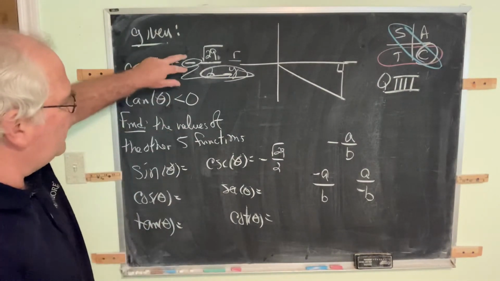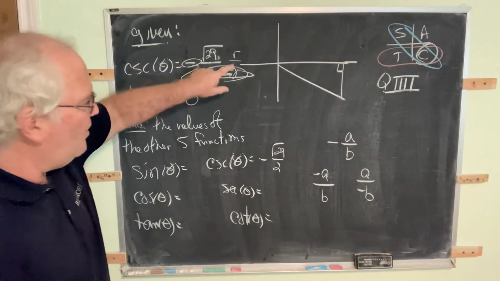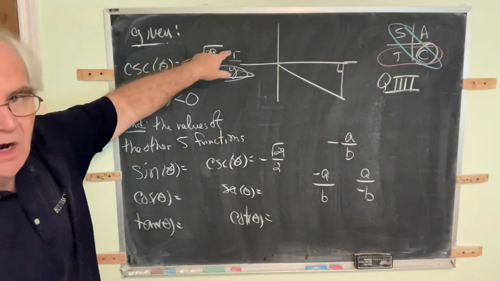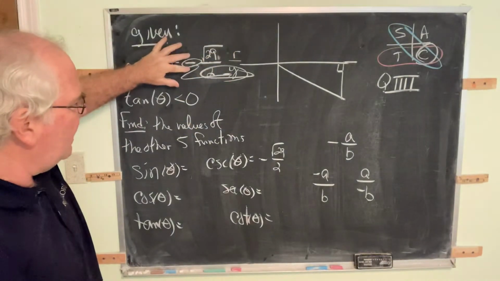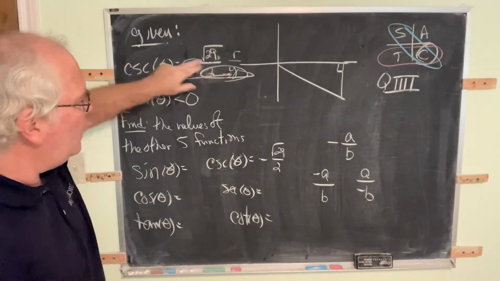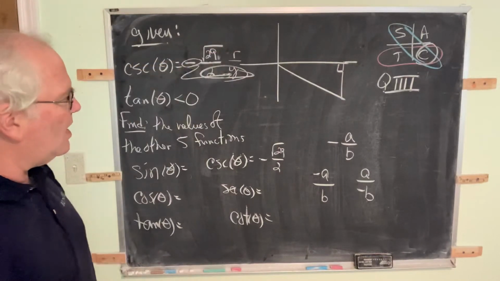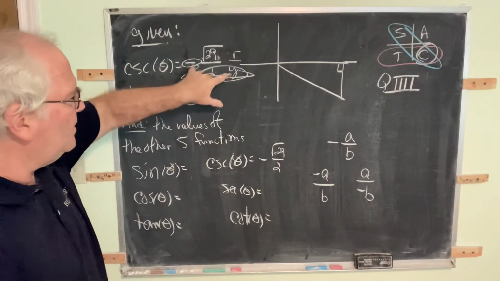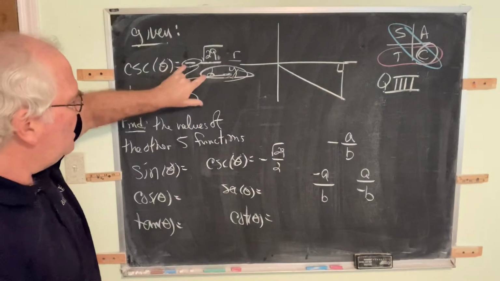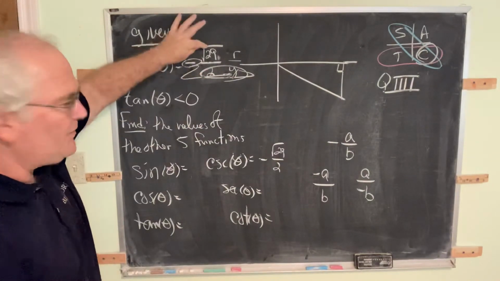The only place this negative sign can reside is with the y. It cannot reside with the r. So the negative must go with the y value. The negative must be with the 2, not the radical 29.